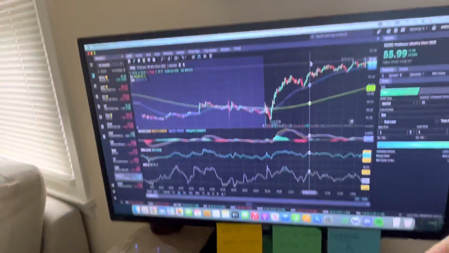I took it with half of a position size, right? I took it because I saw that the market was continuously pushing up. I took the position with half of the position size that I normally take, just in case it were to pull back. It pulled back a little bit. I pretty much just decided to get out. I decided I didn't want to mess around anymore. I just wanted to keep my profits for the day, and that's exactly what I did.